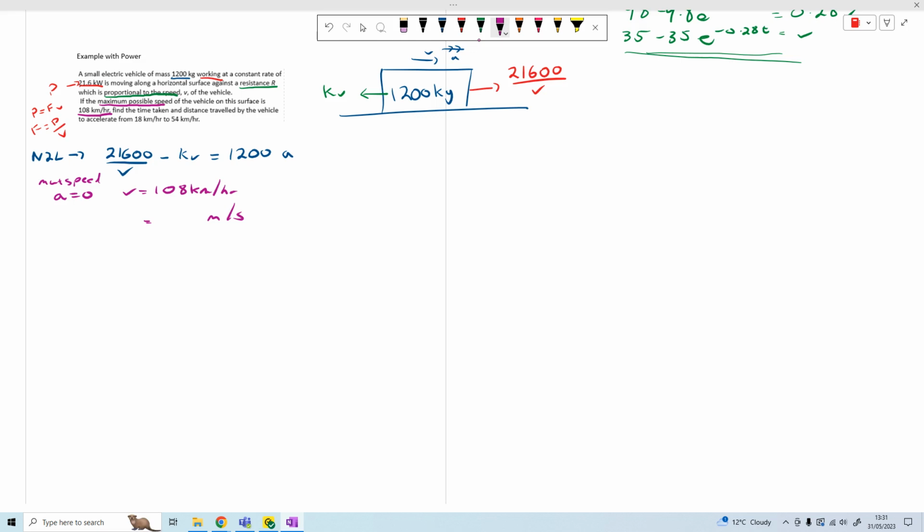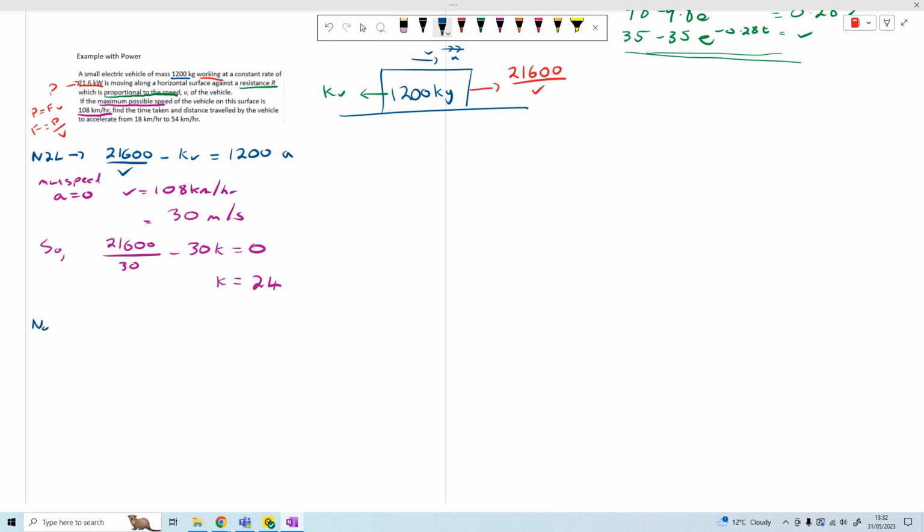That gives me 30 meters a second. Let's sub those in. That gives me 21600 over 30 minus 30k is 0. And I'm going to solve this for k. It comes out as a nice 24.